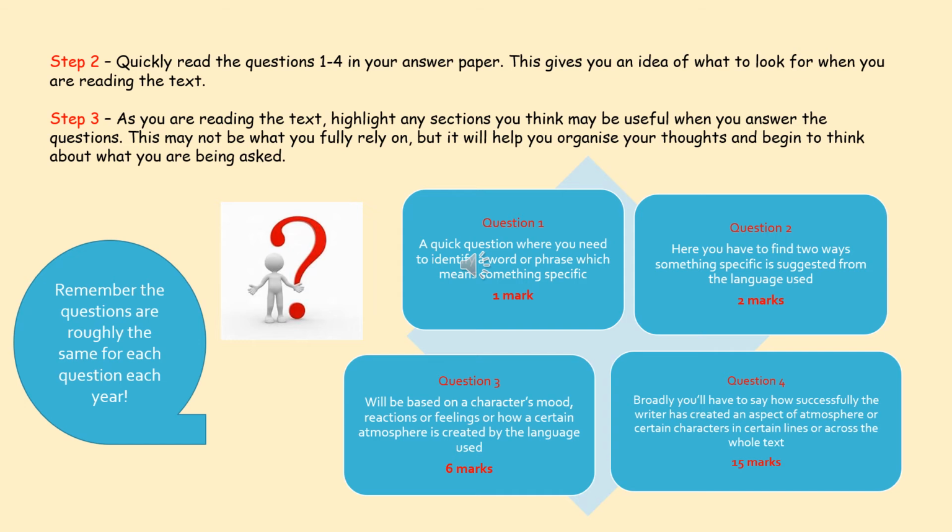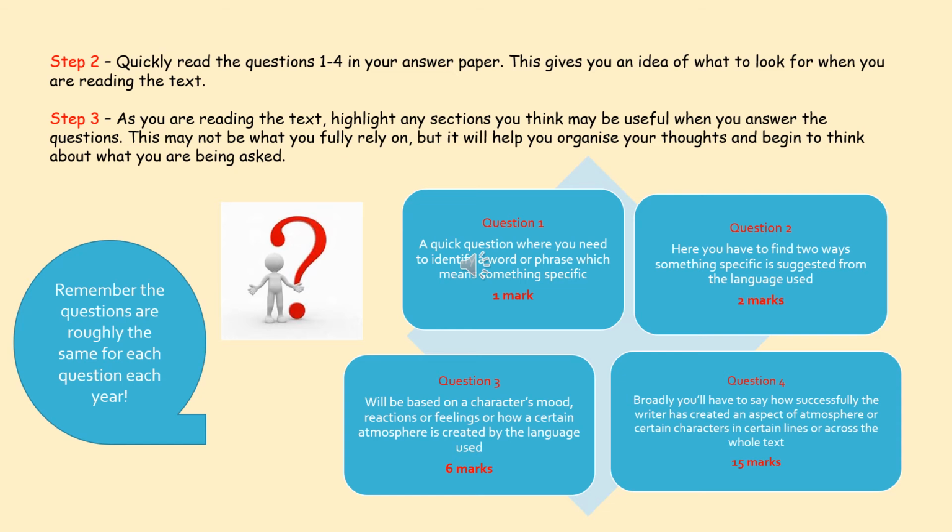And if you look at the questions, there's a quick summary of the type of questions that you may face. So question 1, you literally have to identify a word or phrase which means something specific. Question 2, a little bit more involved. You have to find 2 ways that something is suggested from the language used. And then questions 3 and 4 again increase in difficulty.